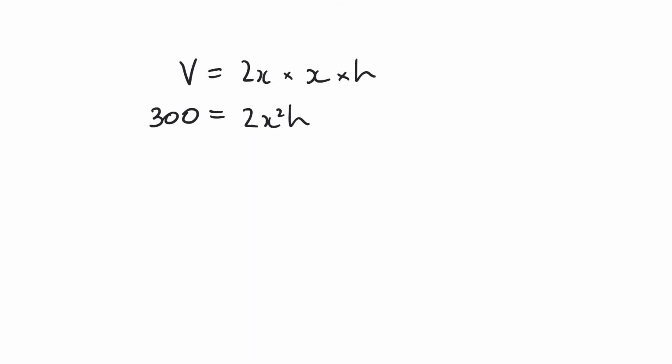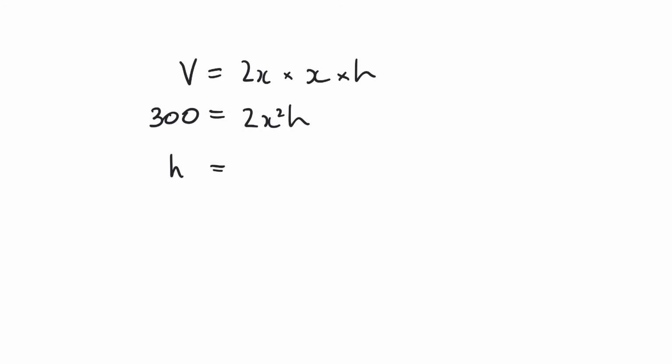Okay, so according to our picture that we just drew, the volume of this shape is going to be the length times the breadth times the height. All right, so the volume is going to be 2x squared times h. Now we were also told that the volume is going to be 300. Since we looked at that surface area formula and recognised there was no h in there, we're going to now change the subject of this formula so we've got the h by itself.